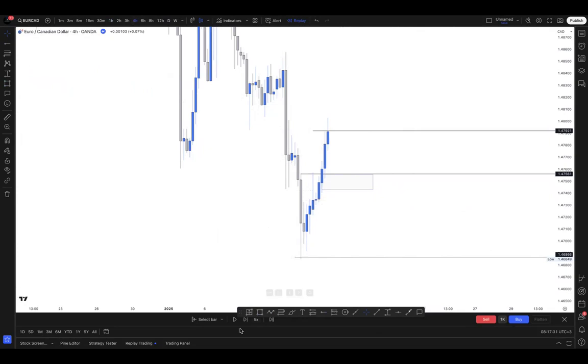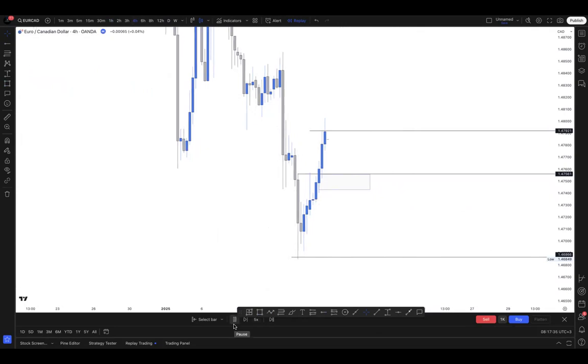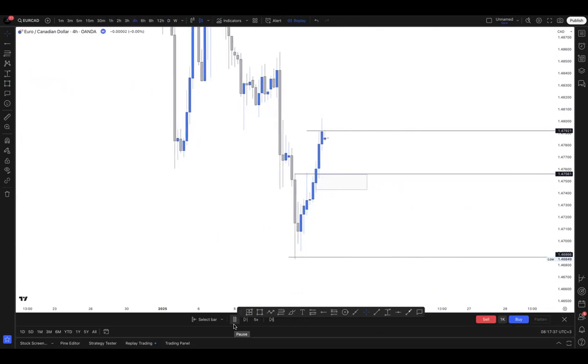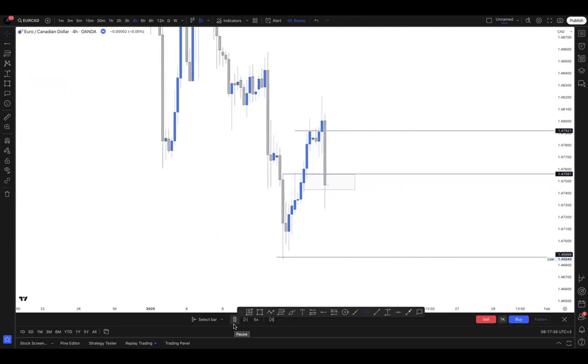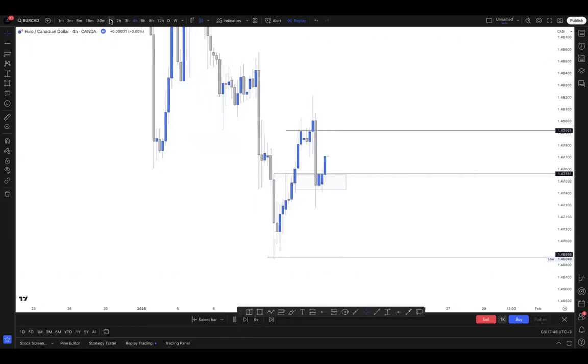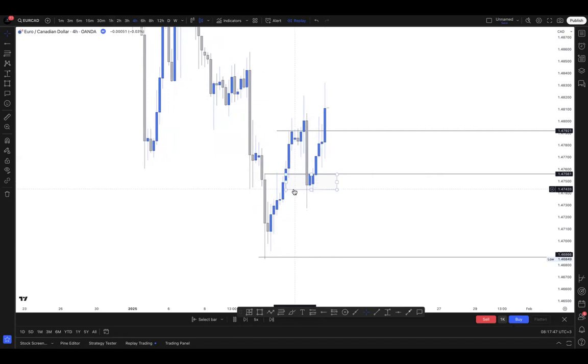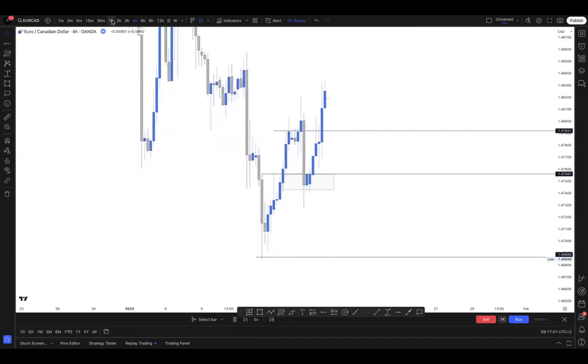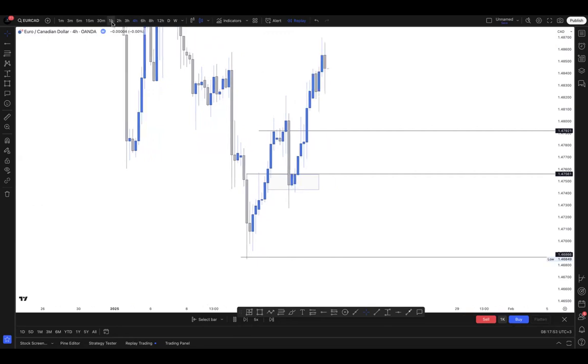Okay, so let's see. Price wicks in. Oh, first wait. I think I rushed here. Why did the price wick so deep? I think I just rushed to mark because I noticed something.